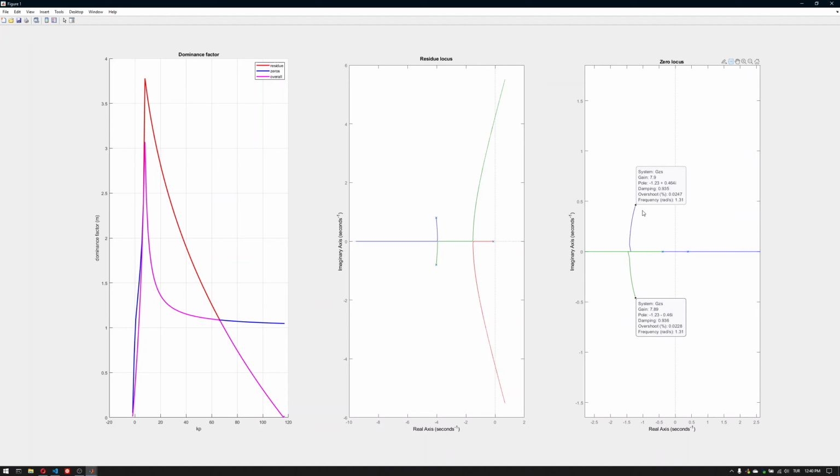So we've chosen basically this point here, this conjugate pole here, and let's also click here and look at 7.89, 5, 6, and it is around here. .89. There we go. Now this is the choice that we made.